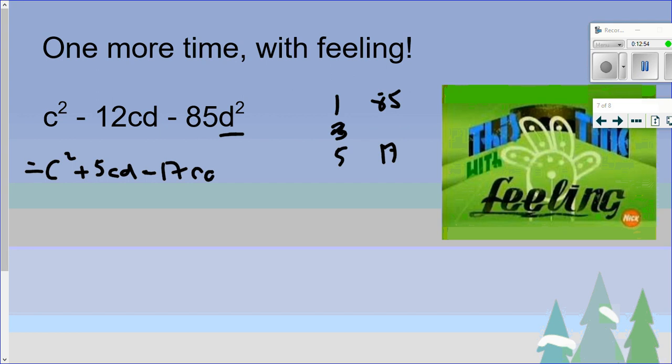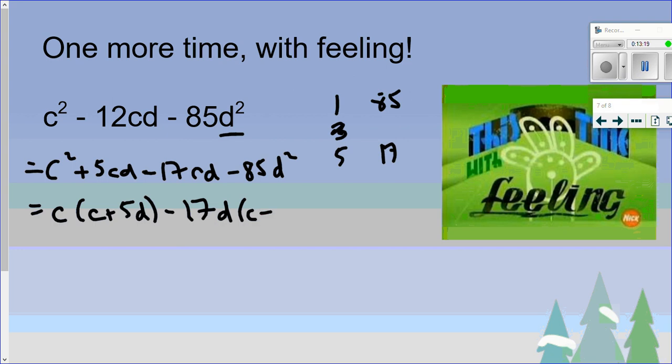Got to remember those signs. And this is where that factoring comes in handy. We know that it won't work the way it is, so 17 has to be my factor.